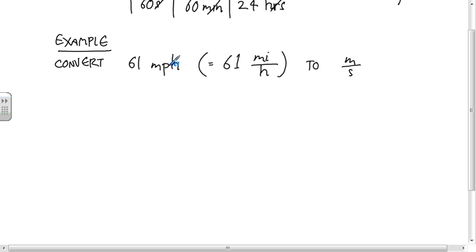Okay, so how are we going to do that? Well, basically, we're going to have a couple of steps in this calculation. One of the steps is going to convert the miles into meters, and then the next step is going to convert the hours into seconds.